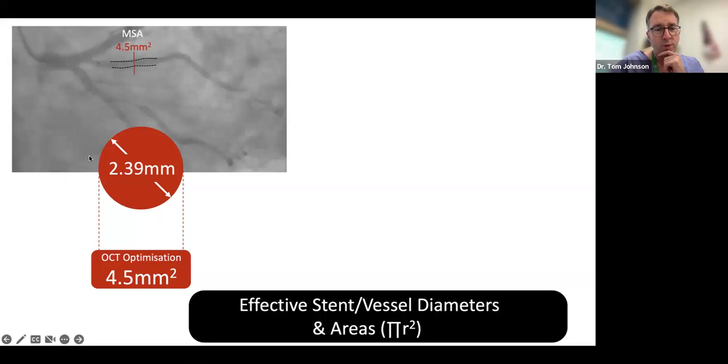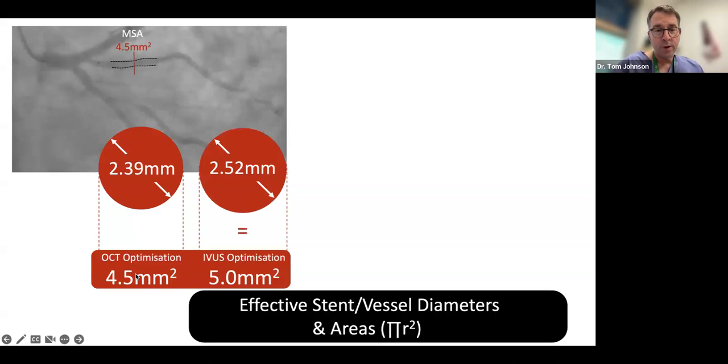So if we think what 4.5 millimeters squared equates to in a perfect circular area, it's actually a vessel diameter of just about 2.4 millimeters. So if we've deployed a 2.5 millimeter stent and we're left with a vessel that's just slightly underexpanded, less than 10% underexpansion, we'll achieve a decent area.